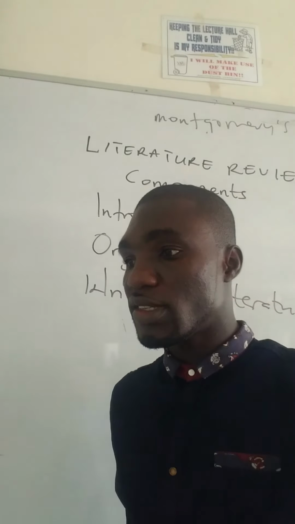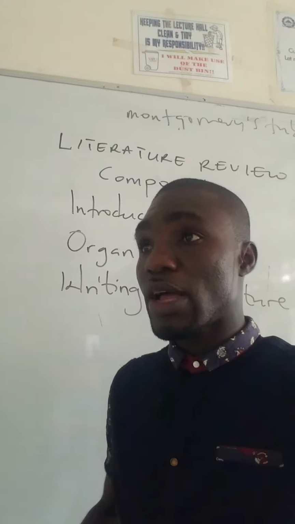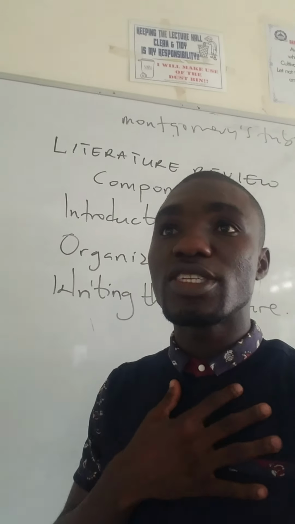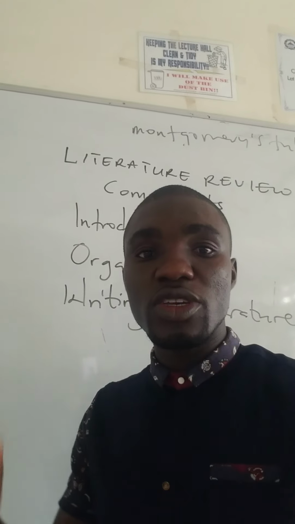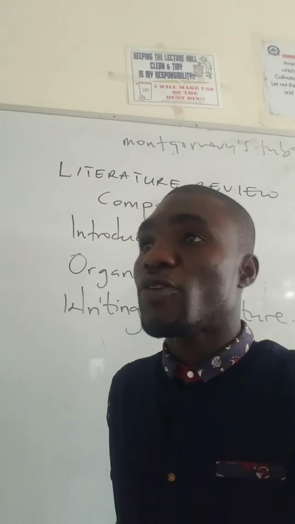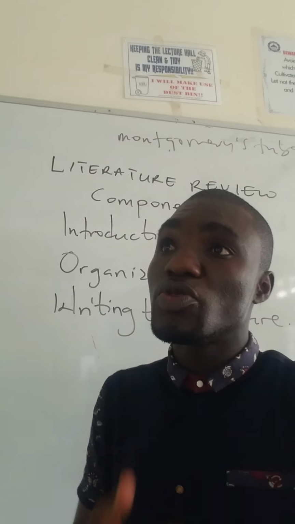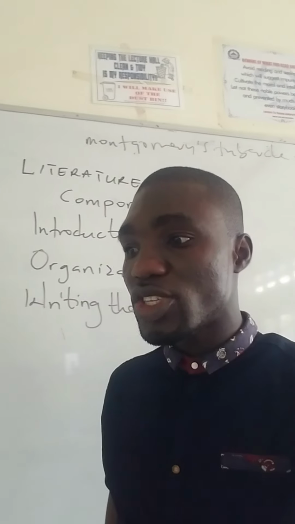Today we will continue. We are looking at the components of the literature review. So what goes into a literature review, or how are you going to arrange your literature? For a thesis, you first have to give an introduction to the literature review.